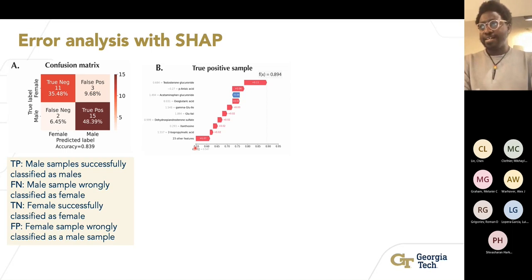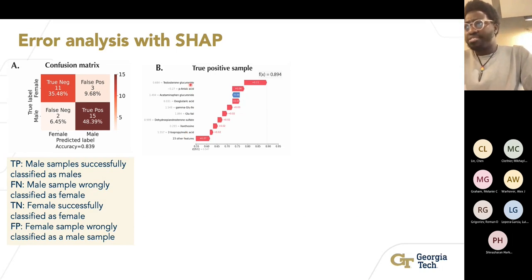On the x-axis, it tells us what the prediction is, and on the y-axis we see the feature value and the metabolite itself, and the impact of that feature on the prediction. Again, this is a binary classification problem.